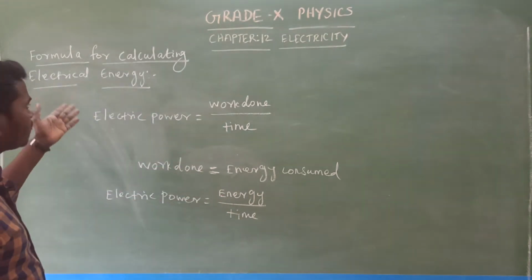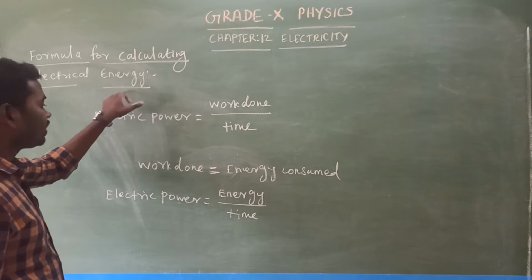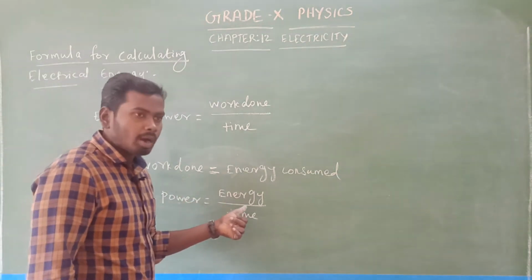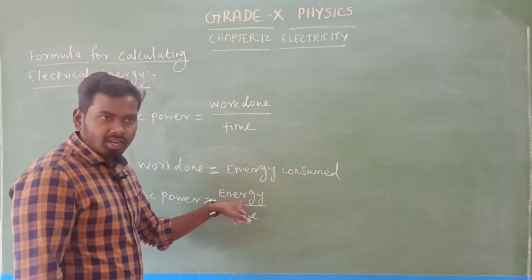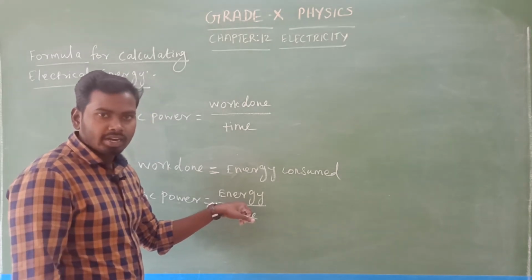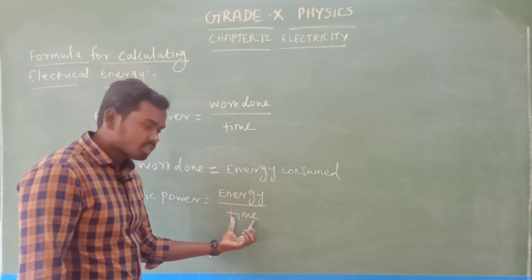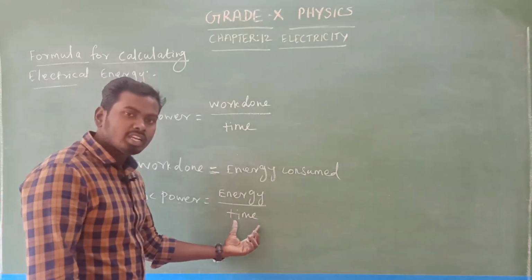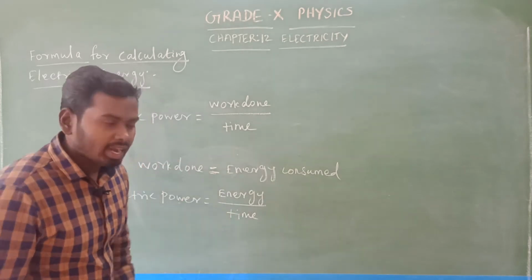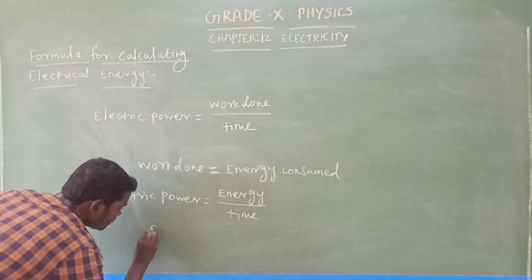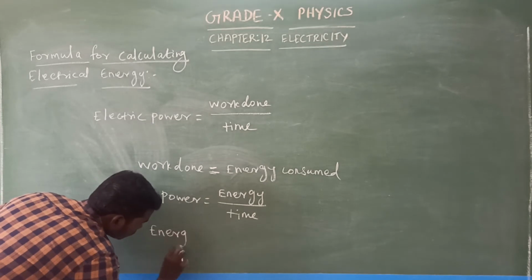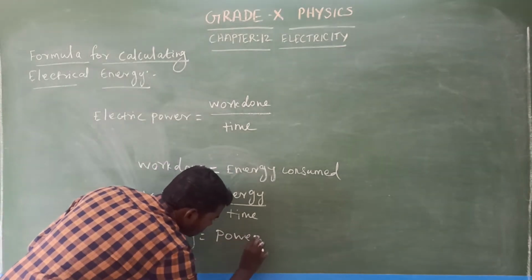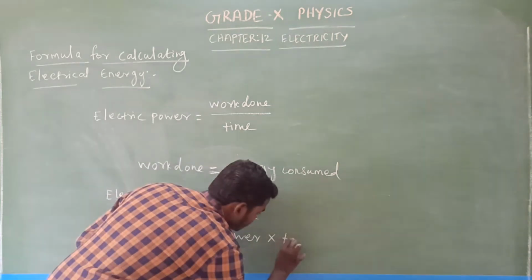So look here, the question is the formula for calculating electrical energy. We need to make a formula for this electrical energy only. When time comes to this side, the division changes into multiplication. So note this point: energy is equal to power into time.